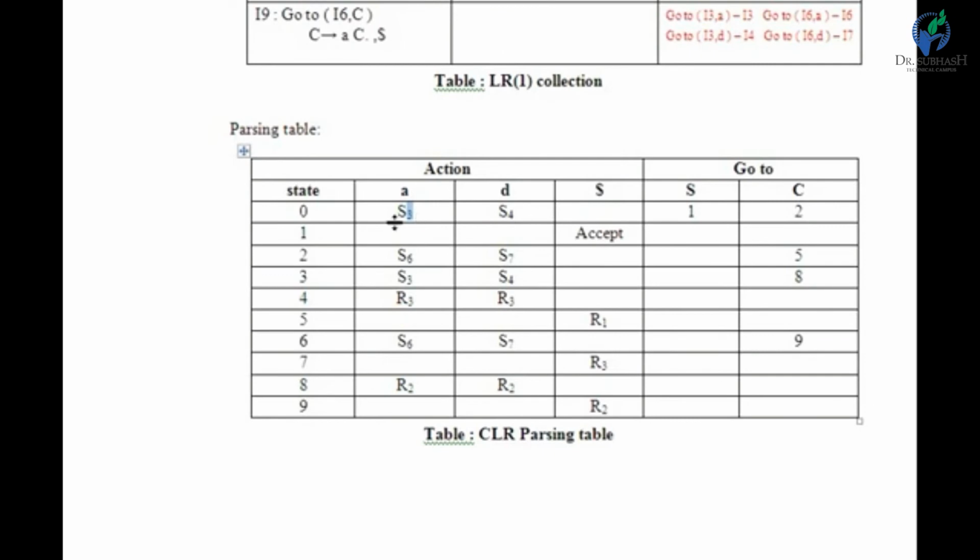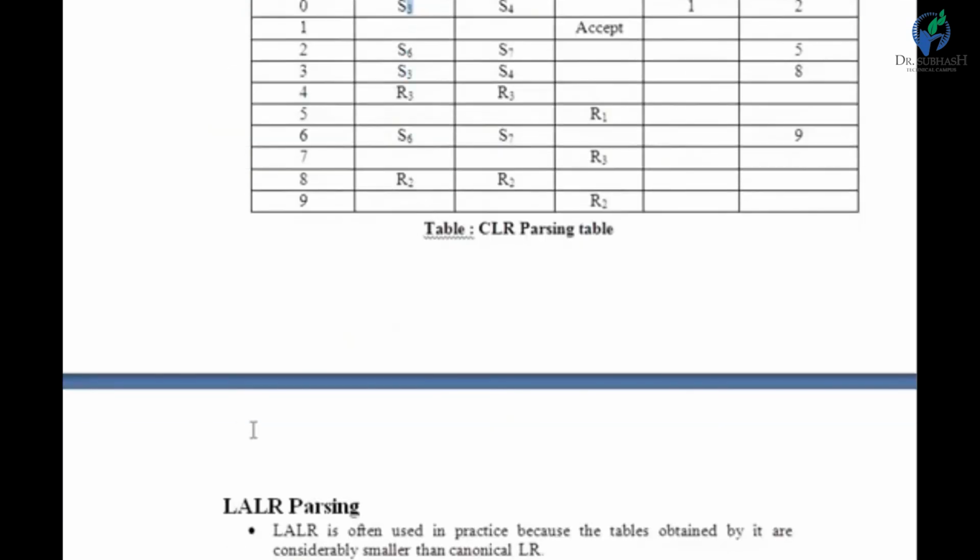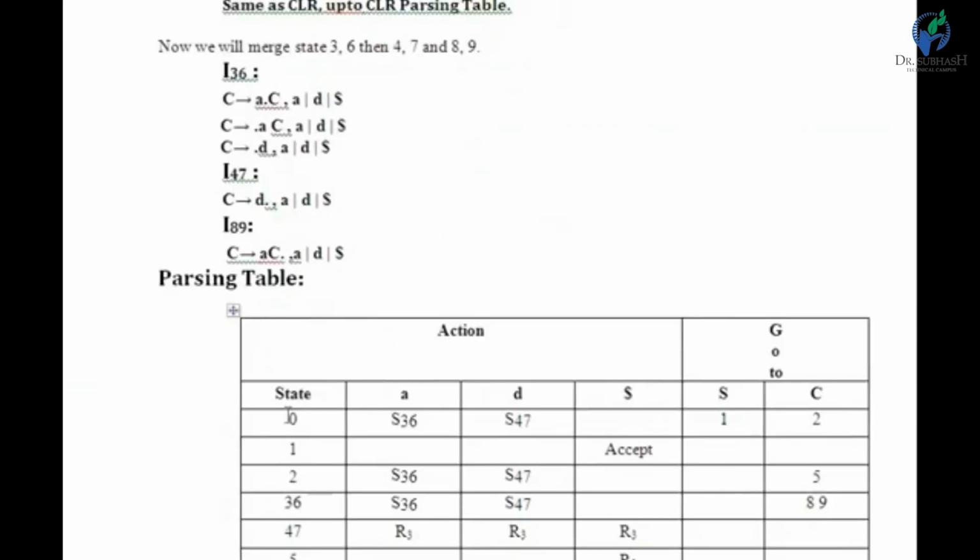So now your entry in state 0 will be S36, and 4 is combined with 7, so your entry will be S47. So in the parsing table, state 0 has S36 and S47. State 1 is accept, and the remaining entries will be the same.